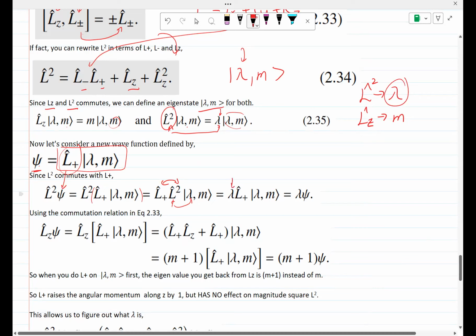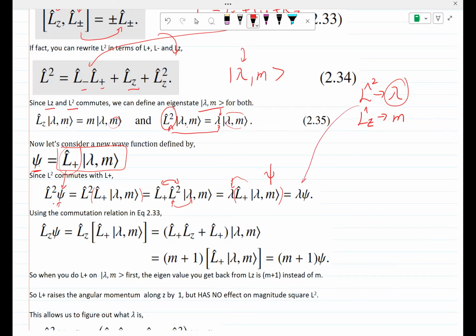Since lambda is just a number, you can bring it up front. And this is our original psi. So L square acting on some state gives you the eigenvalue of L square, lambda, times whatever that state is. Let's restate this over here so we can see it without all these equal signs in front of each other. L square acting on psi equals lambda psi.